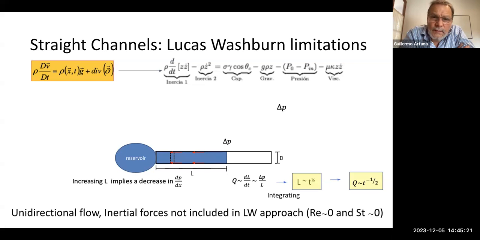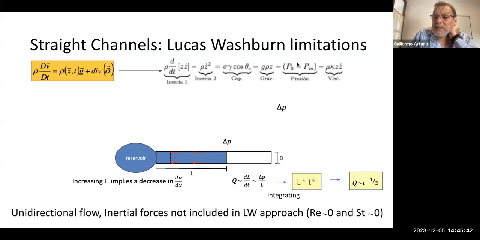So in straight channels, the equation that governs the filling of the channel is described by the Lucas-Washburn equation. This equation is derived from the momentum conservation equation. Here you have the inertial terms. These are the capillary terms. These are gravity terms, which in our case will be neglected.